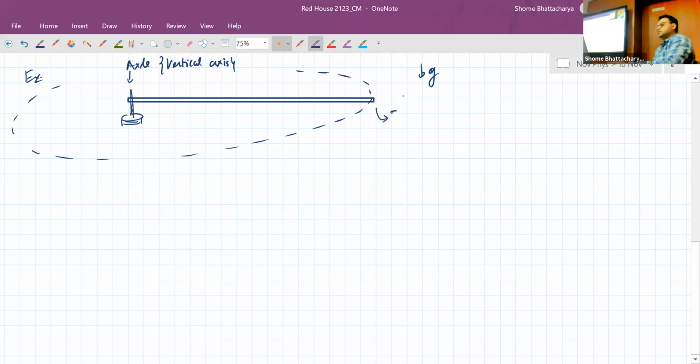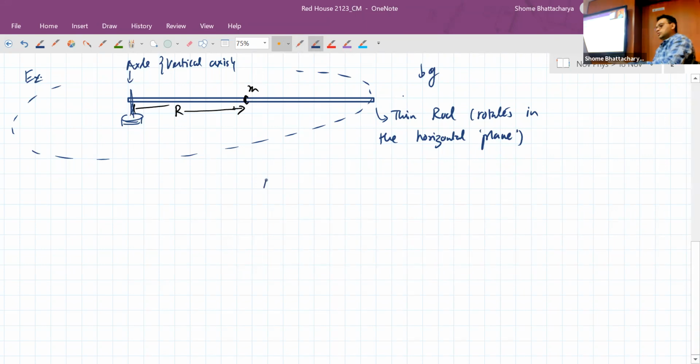So this is a thin rod which rotates in the horizontal plane. Now what we have done is we have kept a ring on the rod like this, and there is some friction between the ring and the rod. We have kept this ring at a distance of some capital R like this.